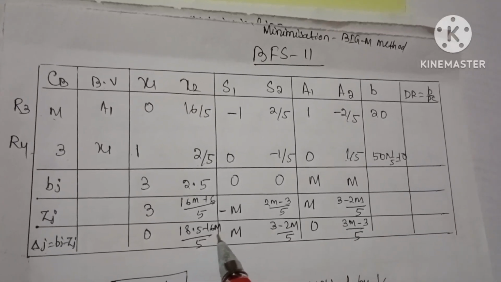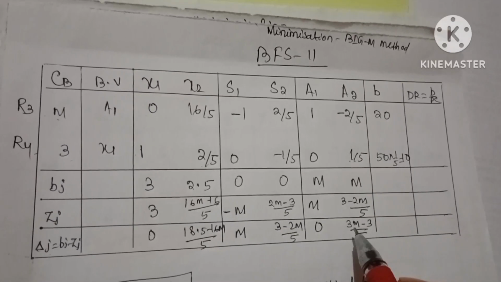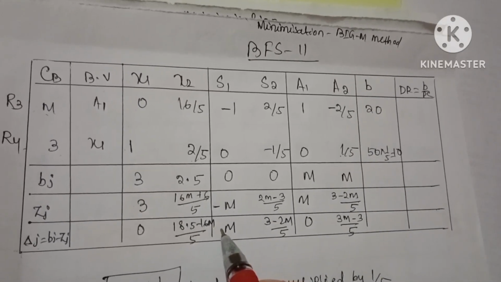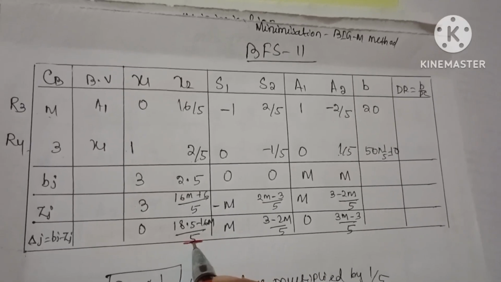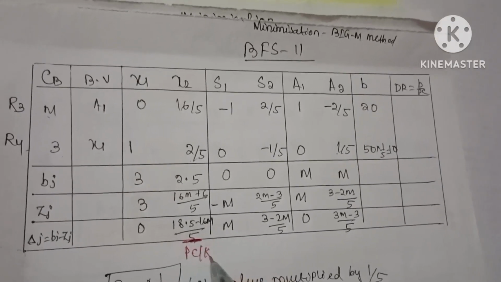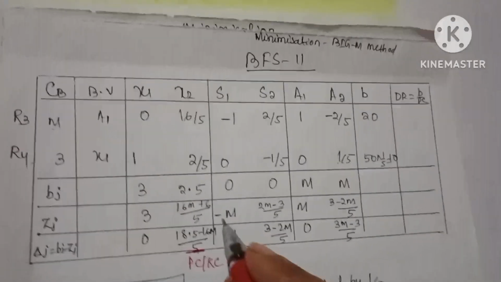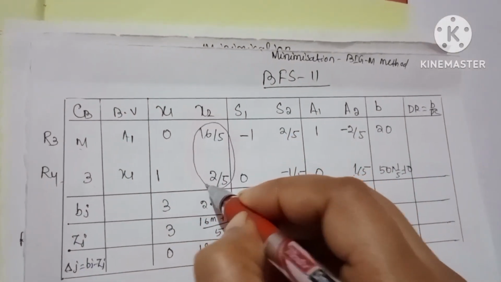See, this one is the largest negative magnitude, because here this is minus 2m, here this is minus 16m. So this becomes your key column, the pivot column.